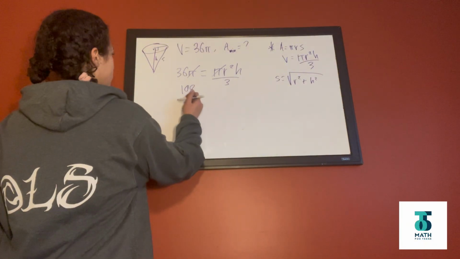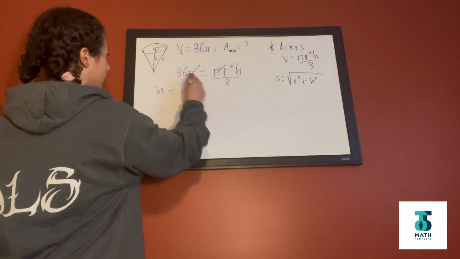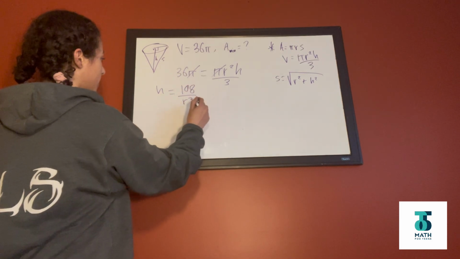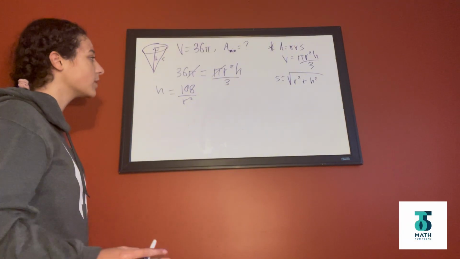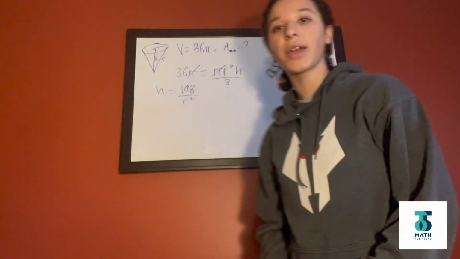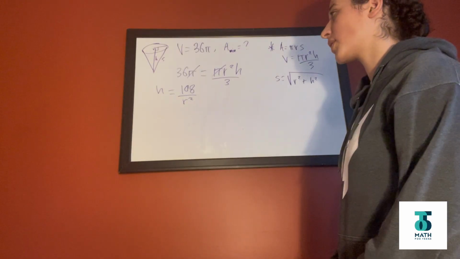So that's what I'm going to do. We'll see where that takes us. So I have h is equal to 108 divided by r squared. Okay, so this is our new relation.